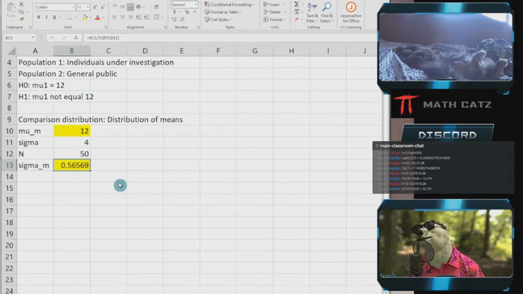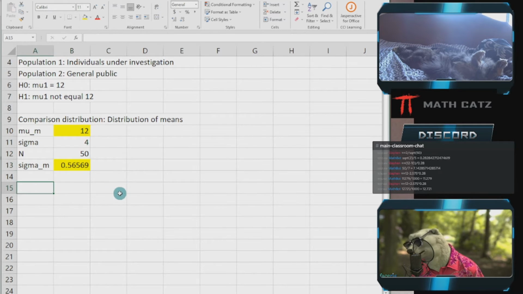So that was our second step in the hypothesis testing breakdown, where we just get all the information of the comparison distribution, in this case the distribution of means. Then next we want to calculate or determine our cutoff Z score.